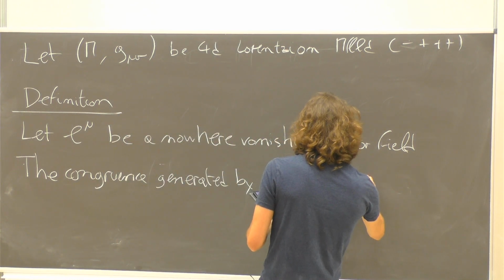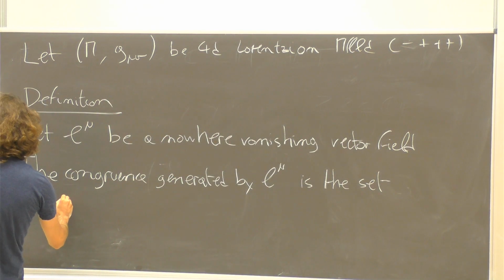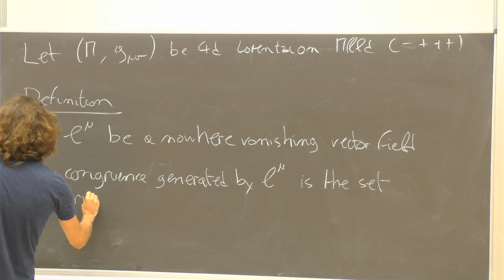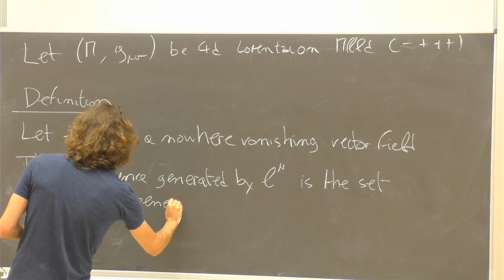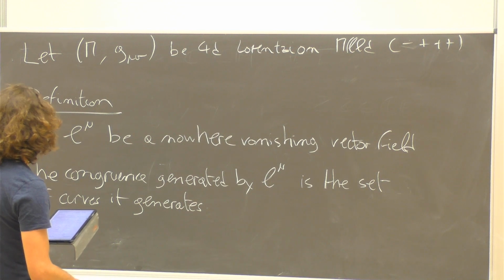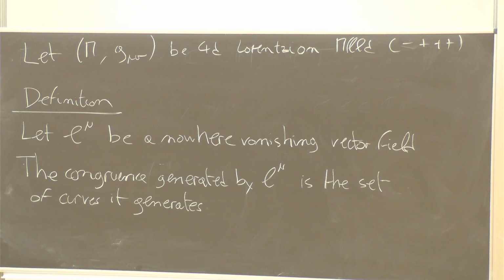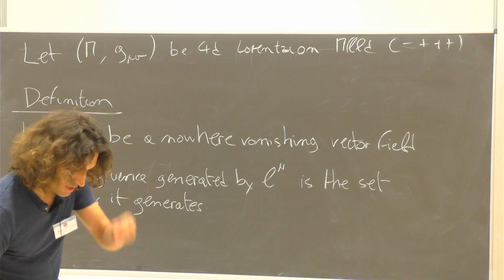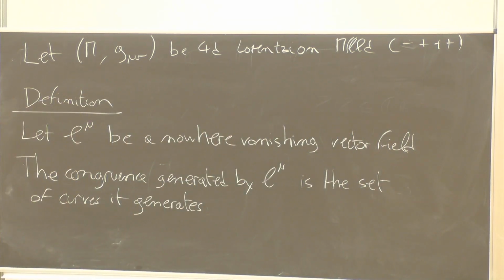So it is the set of curves it generates. Or in other words, it's the set of trajectories of the vector field, or the lines generated by the flow. So let me just draw a picture.